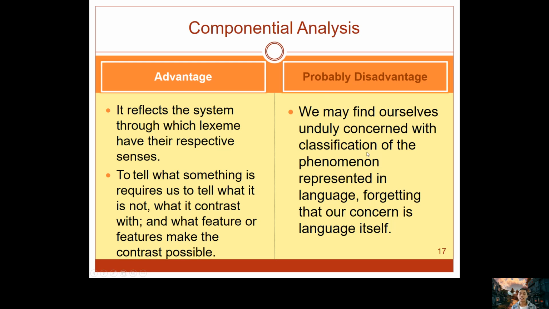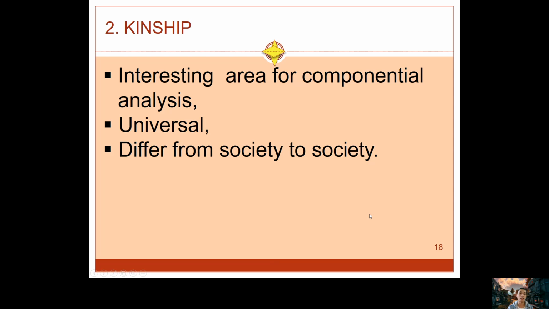And probably the disadvantage: we may find ourselves unduly concerned with classification of the features represented in language, forgetting that our concern is language itself. Okay, that's about the lexical fields.